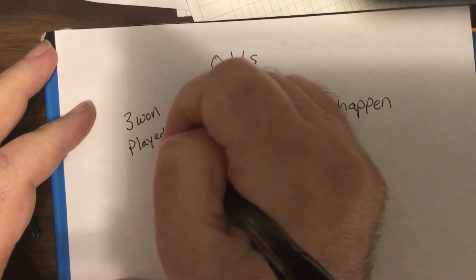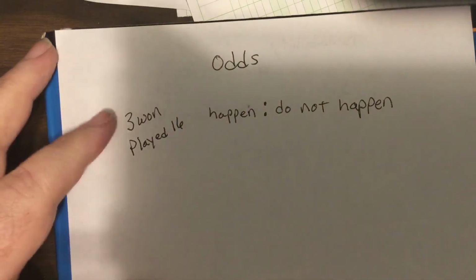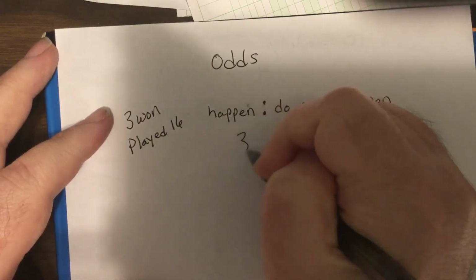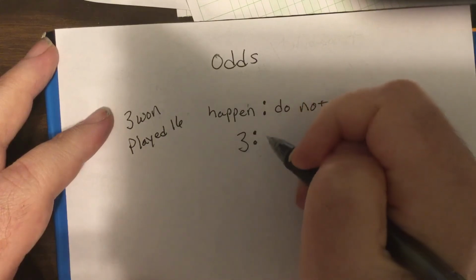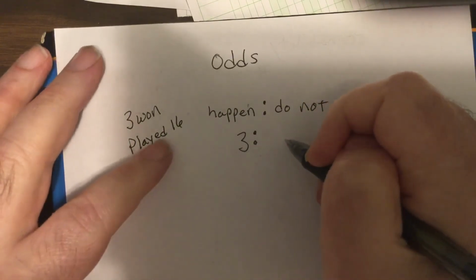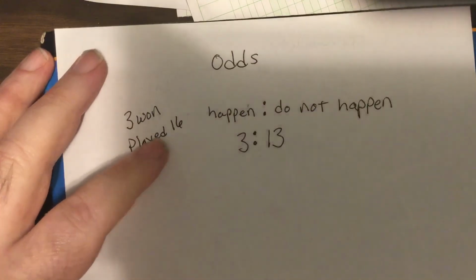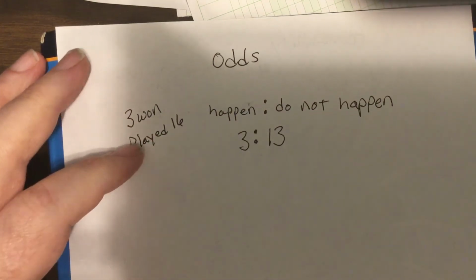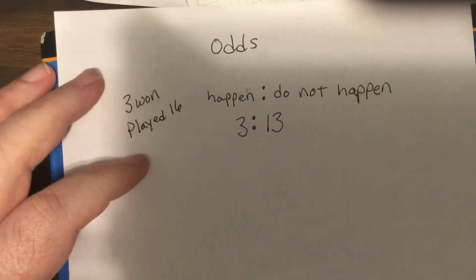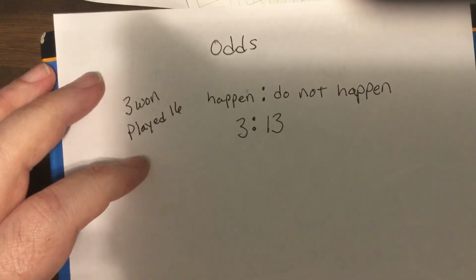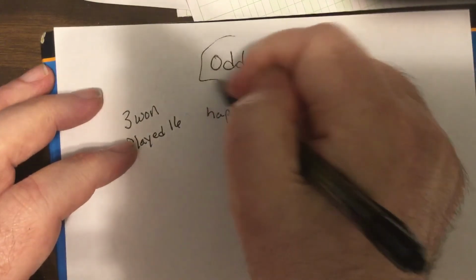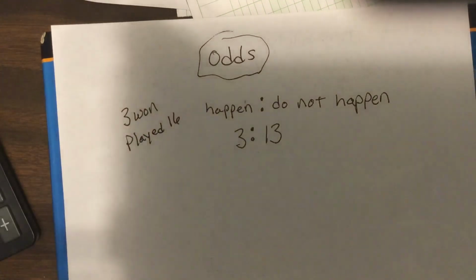So the odds would be 3, because that's how many they won, compared with how many they lost, which would be 13. Wow, they should get bonuses. So you won't be tested on odds. I've just never been a big fan of odds.